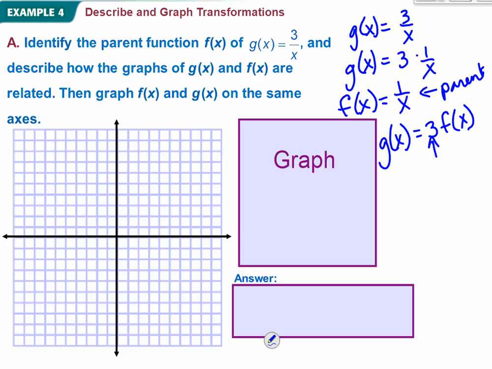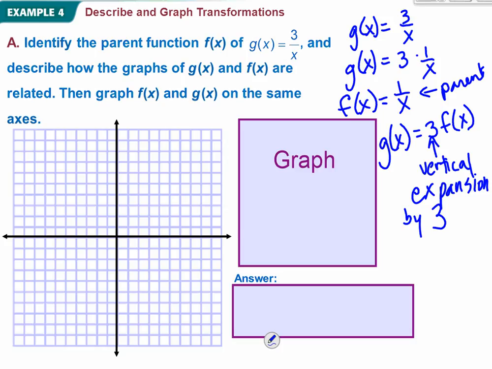Because the 3 is outside of the function, it's vertical. And it's 3, so it's greater than 1. Is it an expansion or a compression? An expansion. Expansion by 3.